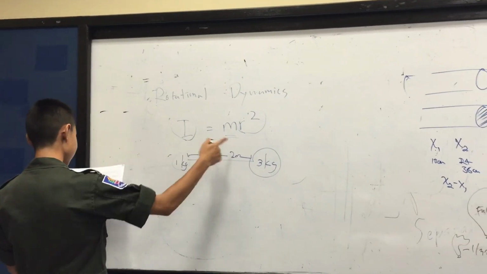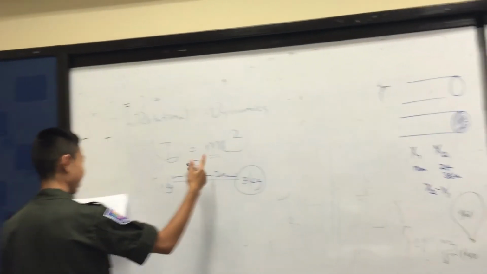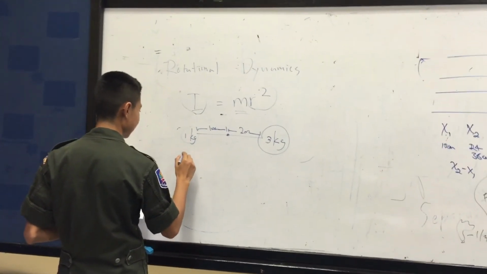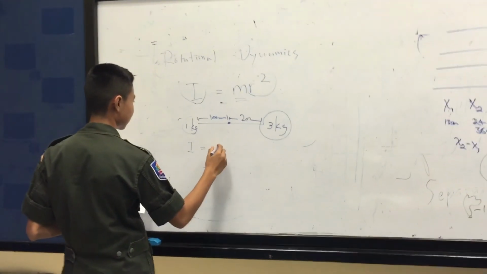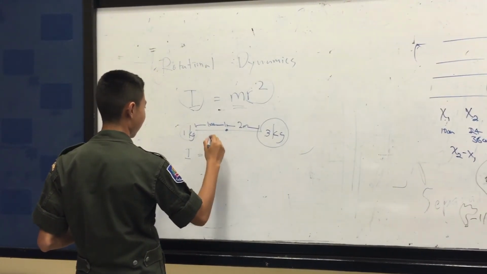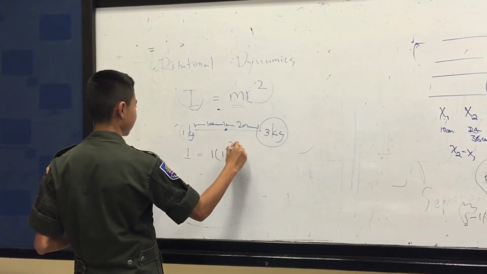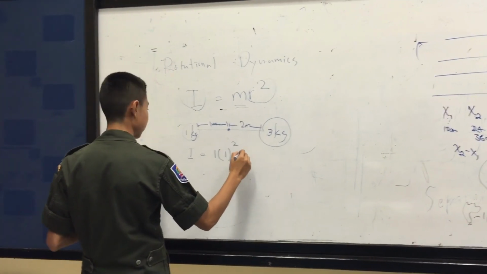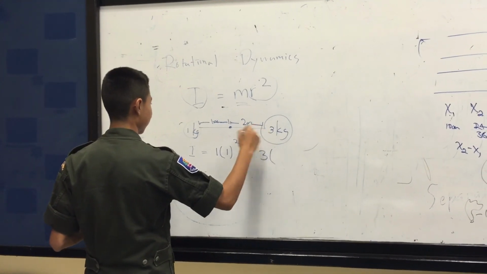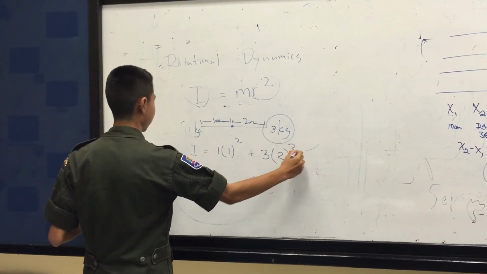The formula they gave is I equals m r squared, so we put 1 times its radius squared plus 3 kilograms times its radius squared.